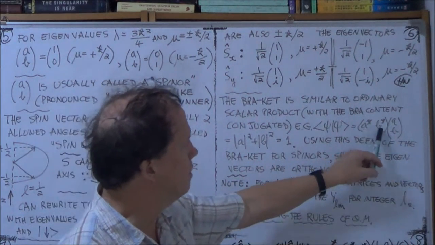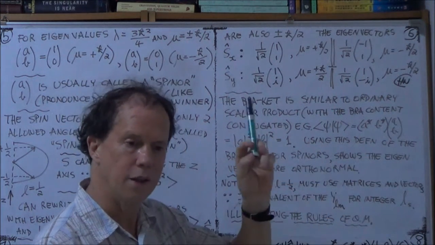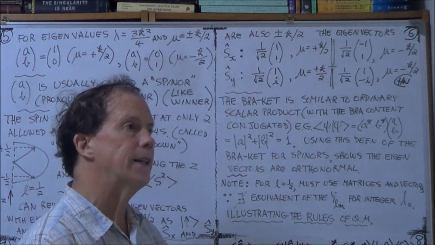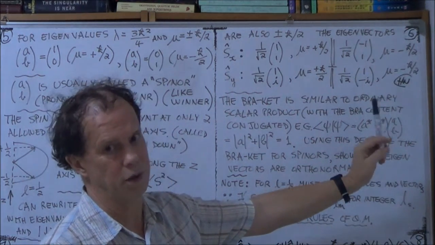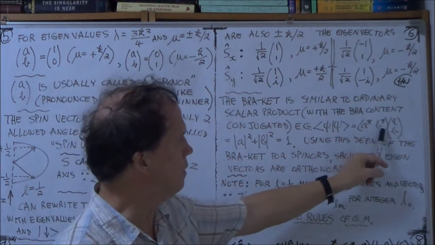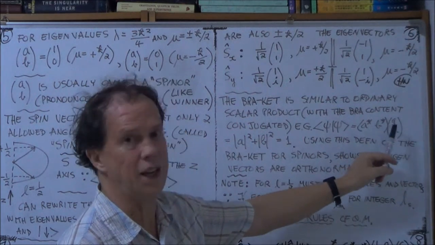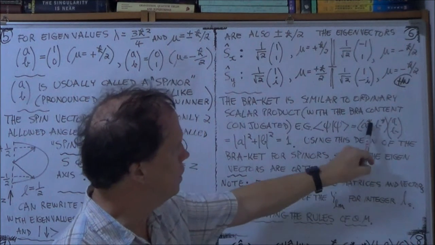The elements of a spinner column vector are in general complex numbers. So if you want the bracket to come out real, it makes sense to conjugate your spinner, the ket, into the bra.